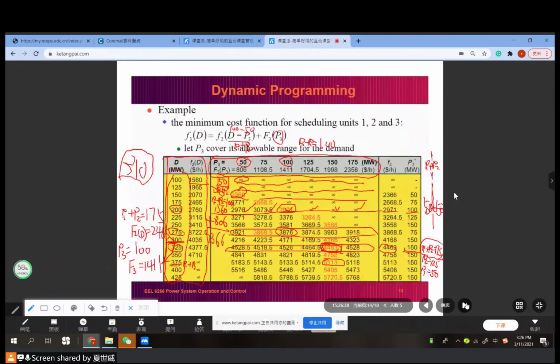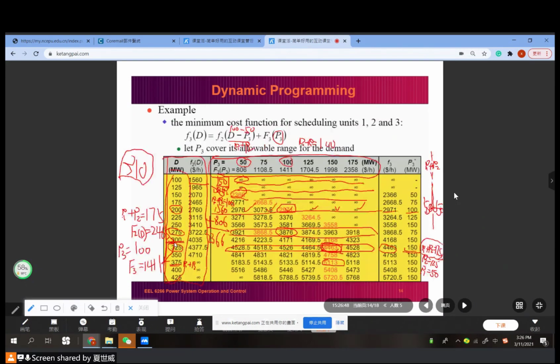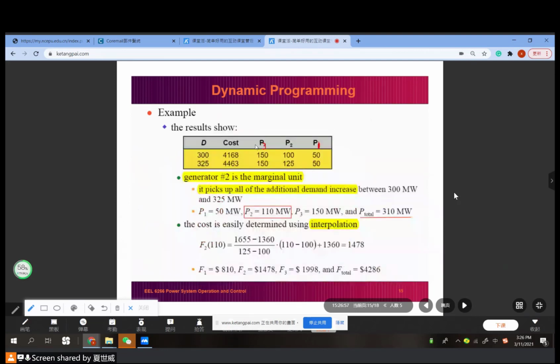Sorry, this should be P3, here be P1. You see, for 300, this is the best solution. For this, P3 is fixed at 150.